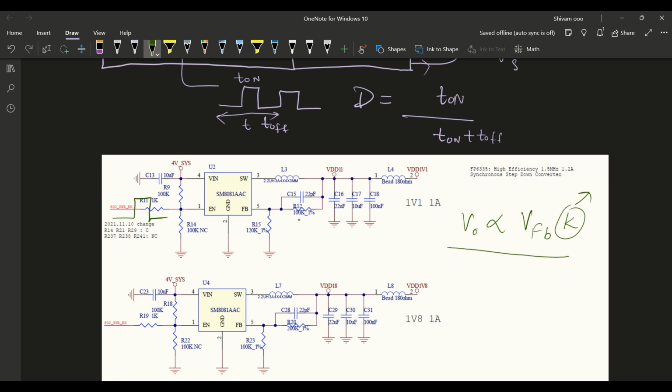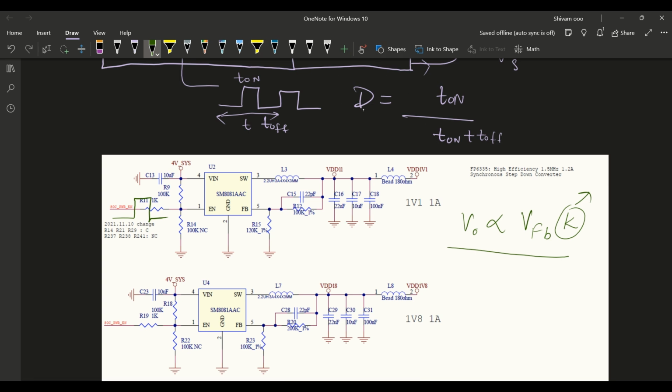So we set this K, and this is fixed for ICs, sometimes 0.6, 0.4, 0.5, something like that. I set this K, and I will get whatever desired output voltage here.